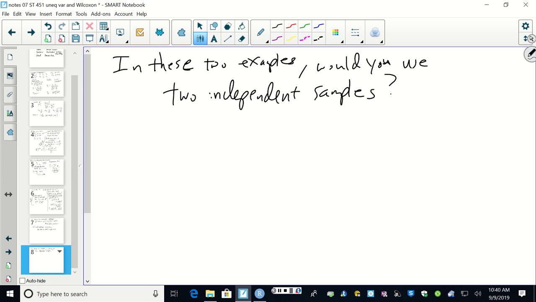Both of these were presented as two independent samples, one by our textbook and one by the health file in R, which is coming from a different textbook.